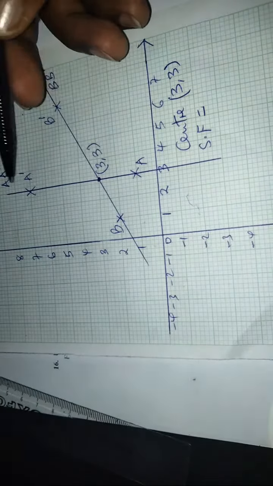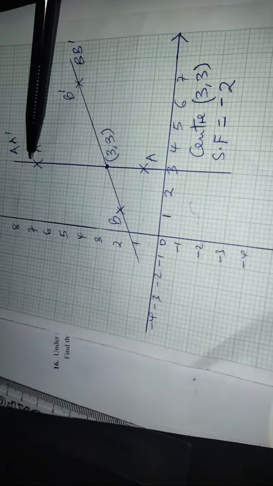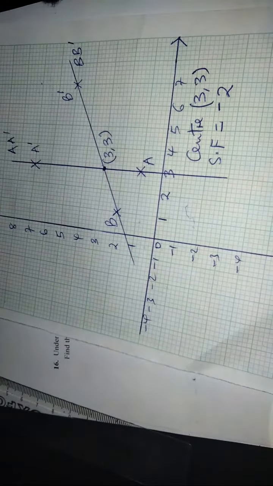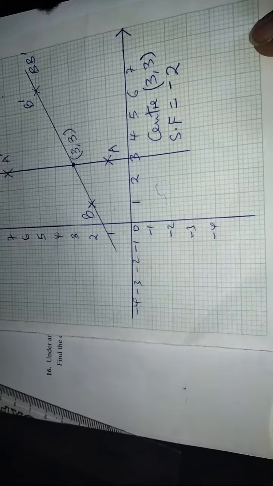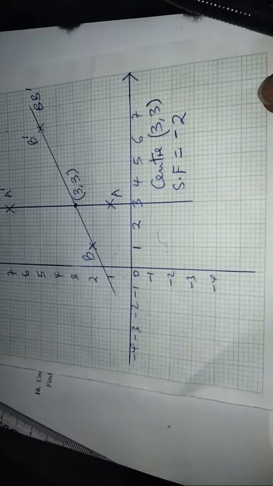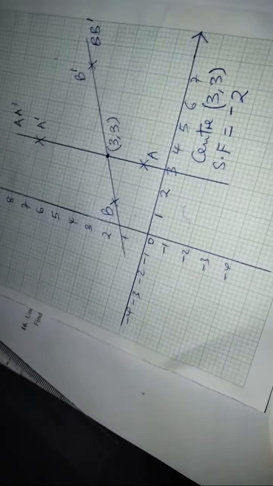Therefore, the length here is 2 times. Therefore, the scale factor is -2, because we are moving 2 times in the opposite direction. If they were on the same side of the center, then we would have a positive scale factor. But now that it is on the other side, it is a negative scale factor.